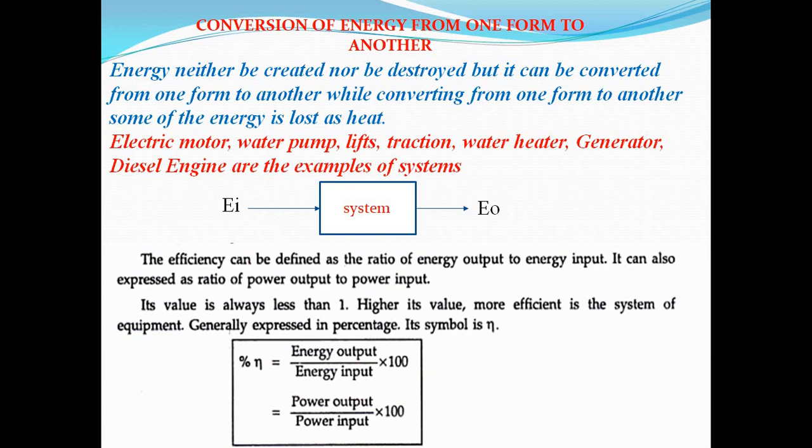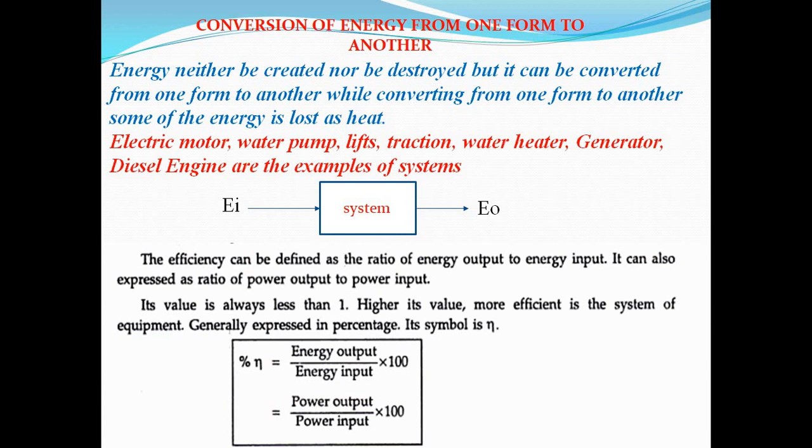So for any system, there should be one input energy and output energy. The efficiency can be defined as the ratio of energy output to energy input. It can also be expressed as the ratio of power output to power input. You have to find efficiency in terms of energies or power, but input and output should be the same.